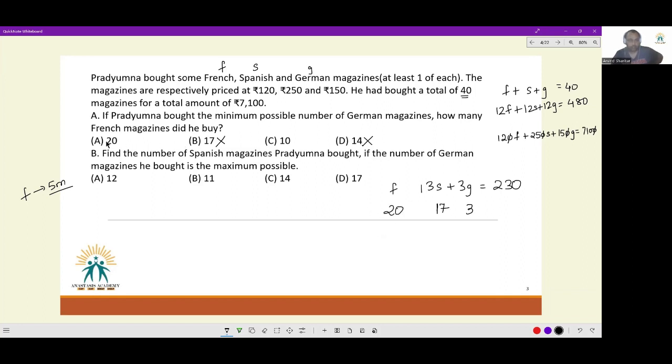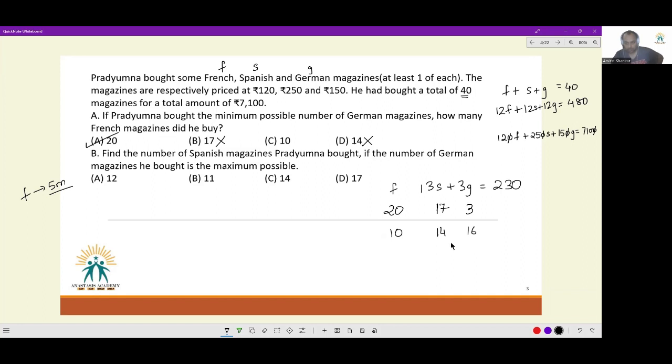And this is great. I know the answer to the first part already. 20 was the highest number available, and I found a case where French magazines are 20. The next case, based off this equation, is when S will go down by 3 and G will go up by 13. This will become 14, this will become 16. 3 down, 13 more. 16 and 14 add up to 30, so this will be 10.